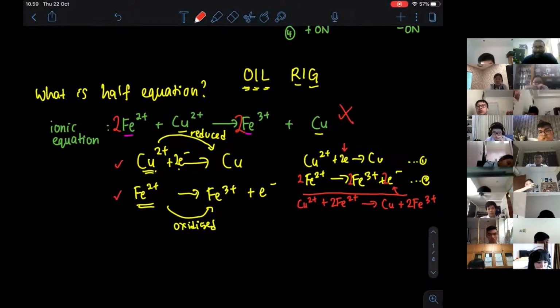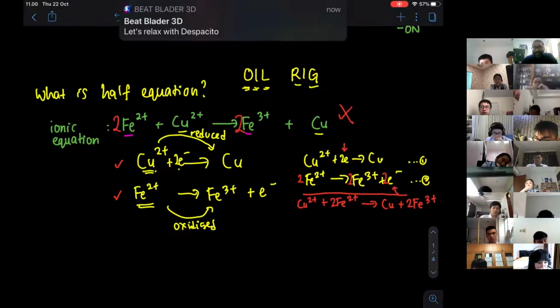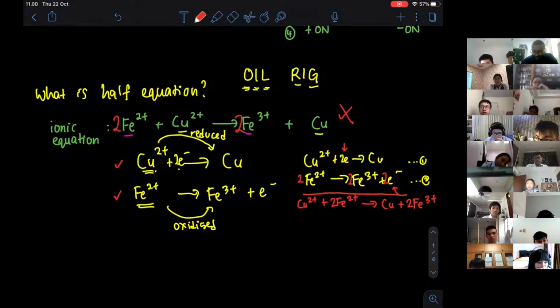But please remember the tip to balance an ionic equation is that they must have the same charge left and right. So if you look at the charge, 2 times 2 is 4, and then plus 2, so total charge is going to be plus 6.